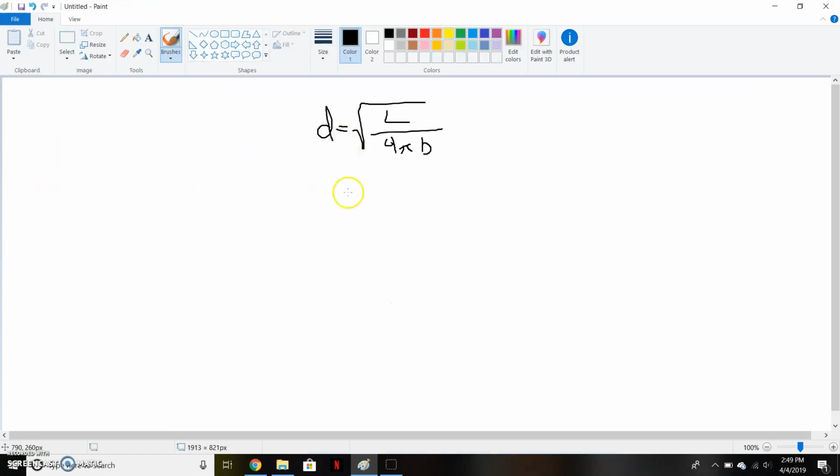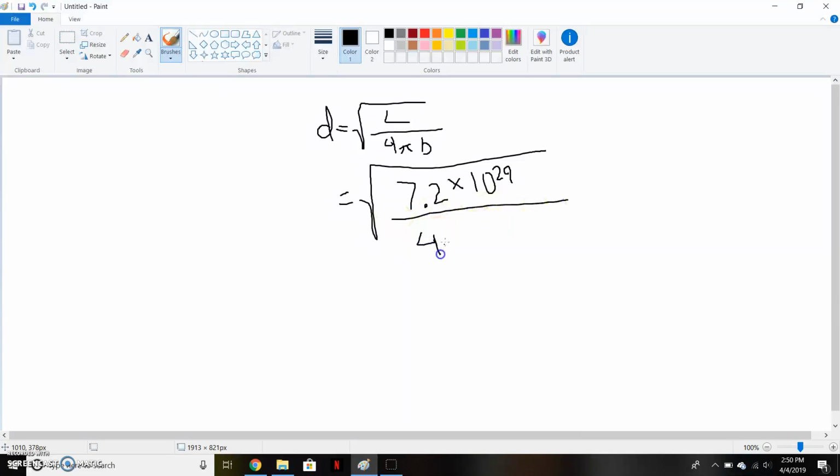The luminosity they give us is 7.2 times 10 to the 29 watts, over 4 pi times 1.25 times 10 to the negative 10.